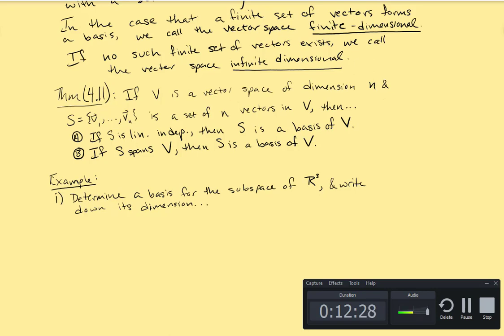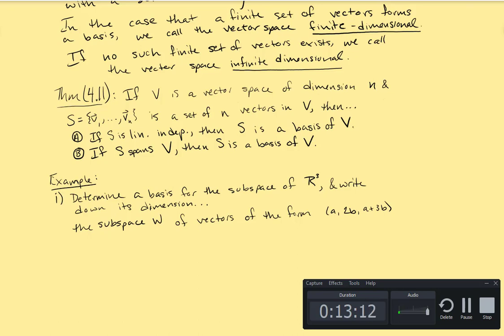Let's say that the subspace we're describing here, that we want a basis for and the dimension of, is the subspace W of vectors of the form (A, 2B, A plus 3B), where A and B are real numbers.